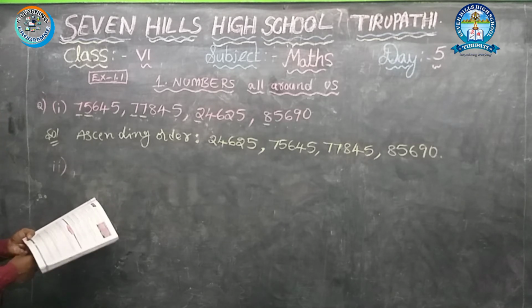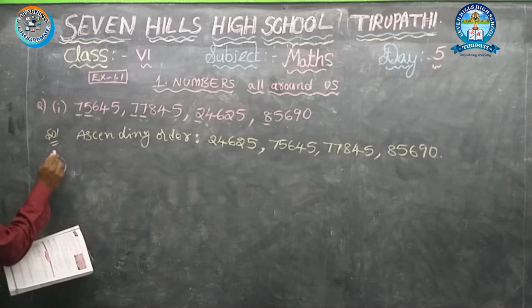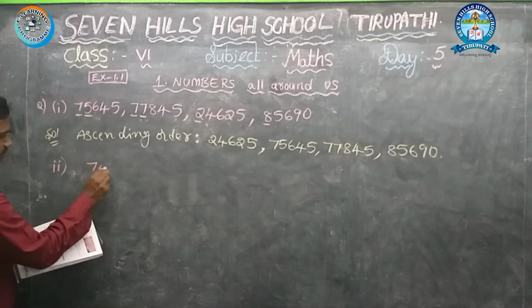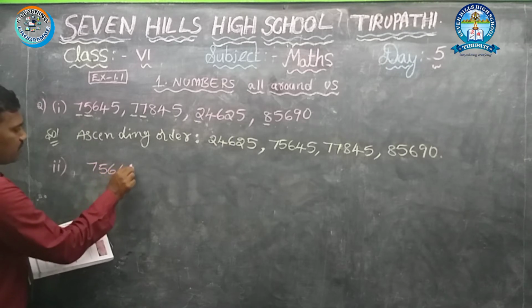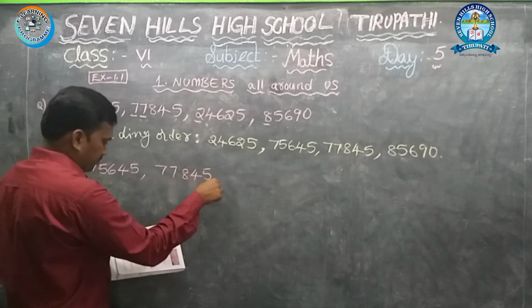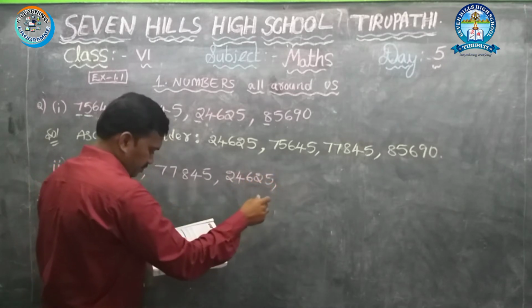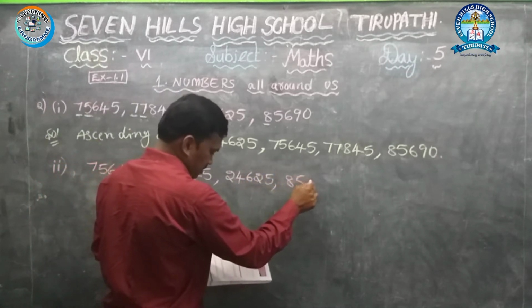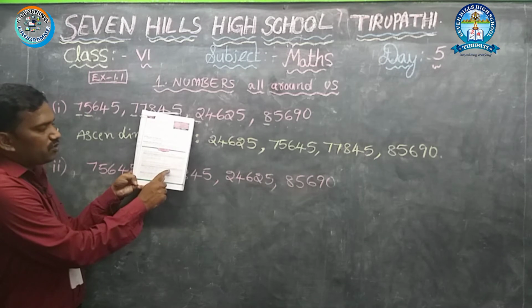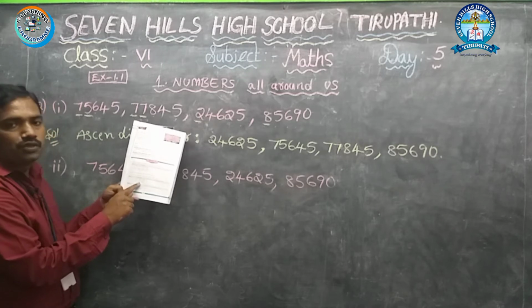The numbers are 75,645, 77,845, 24,625, 85,690. Here in the second Roman numeral, first Roman numeral is ascending order, two sums are there. One sum I told you and the other one you do on your own.